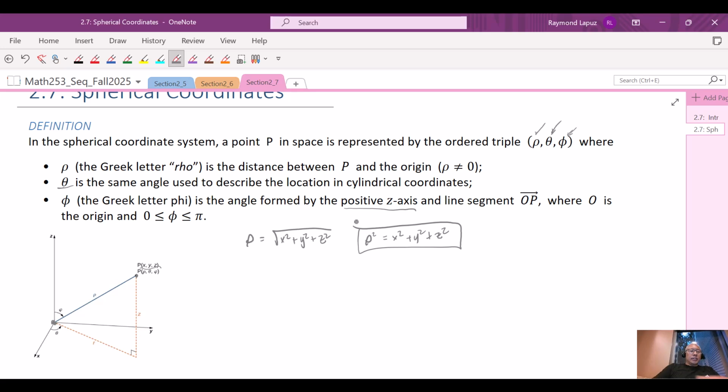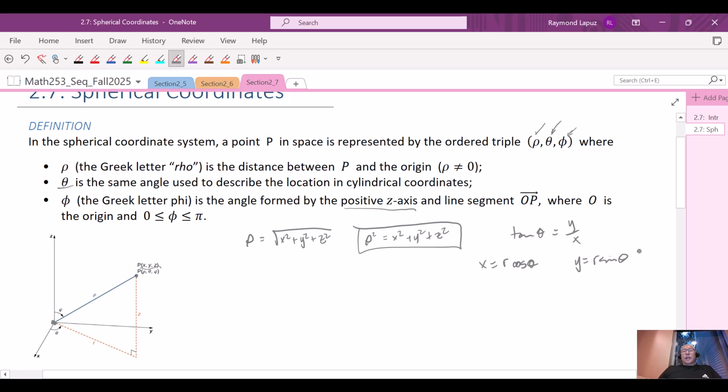Now our theta is still going to be the same, and our theta was based on the angles. The tangent of theta is going to be y over x. We also had x equal to r cosine theta, and y equal to r sine theta.